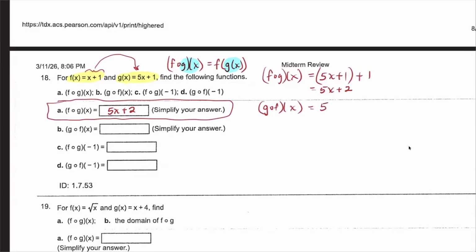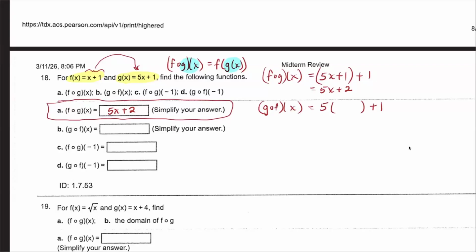Now we're going the other way with it, with g composed on to f. So all of f now will be substituted into g where there's an x. So now we need to write out g. g says I'm taking 5 times something, but I need to put parentheses for that something because I've got to put a whole expression in there, plus 1. The g of x does two things. It multiplies something times 5, and then it adds 1.